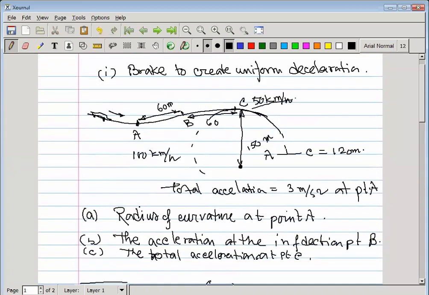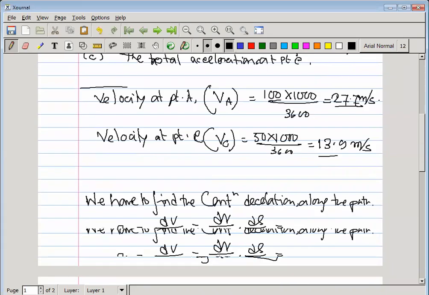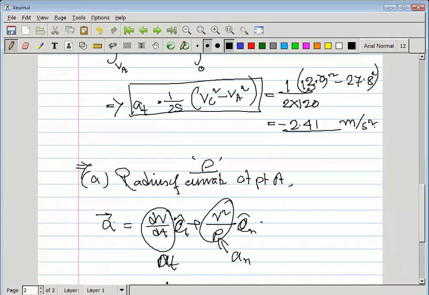Here you can see, when this vehicle travels from point A to point C, the total acceleration has two components. The tangential component provides the tangential acceleration, which is along the travel direction, and the other one is perpendicular to the traveling direction, which provides the normal acceleration.